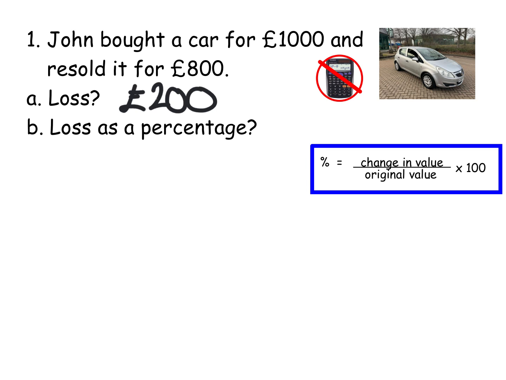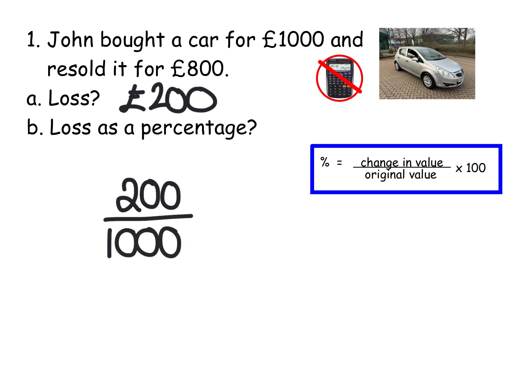We have to express his loss as a percentage. So we have to express that £200 as a percentage of what he paid. So the change in value would be £200. That's what he's lost. The original is the 1,000 he paid for it. And then we would times by 100. But I'm not going to do that because I'm not allowed to calculate in this one. So we're going to simplify this fraction down. Well, straight away I'm going to take off 2 zeros, which leaves us with 2 over 10.